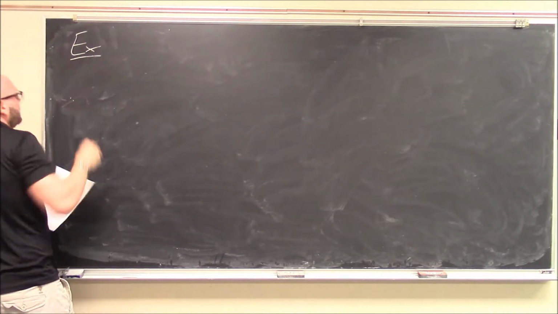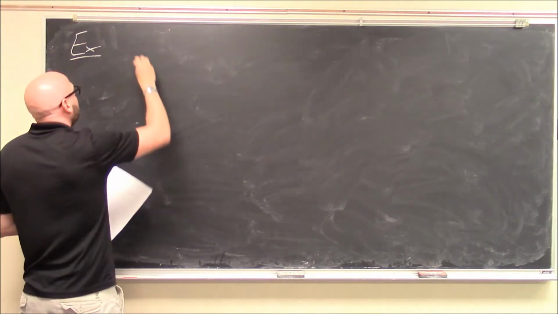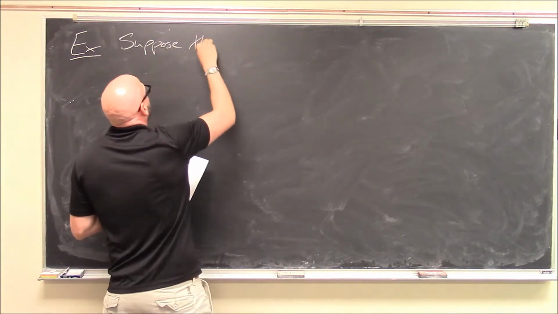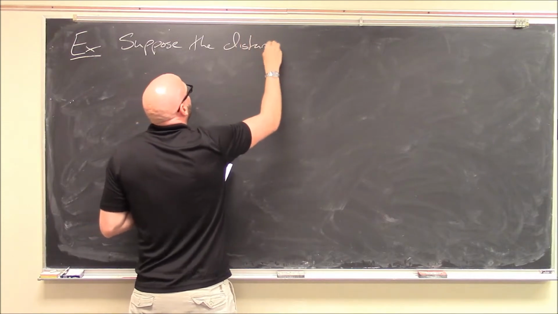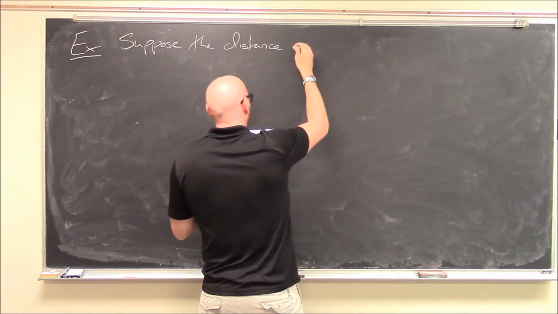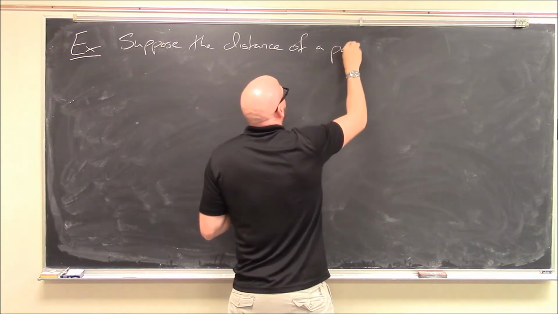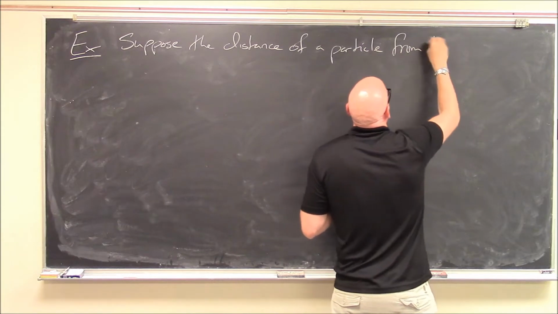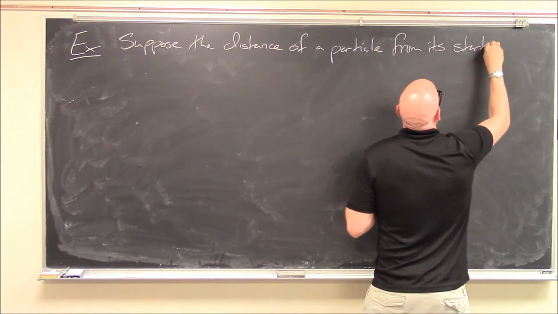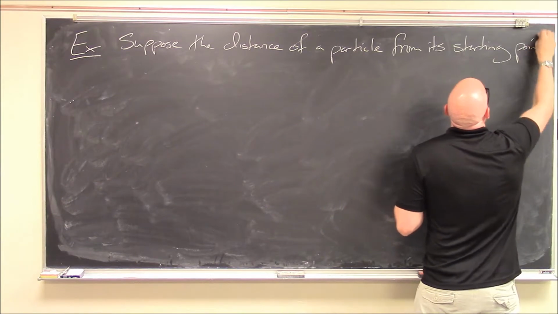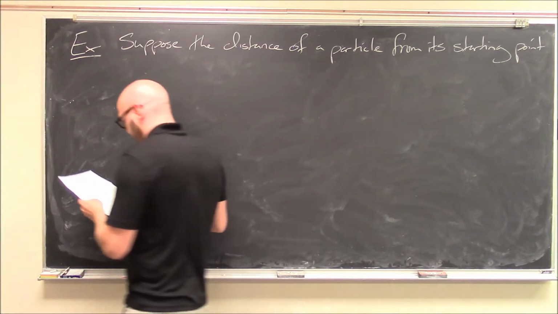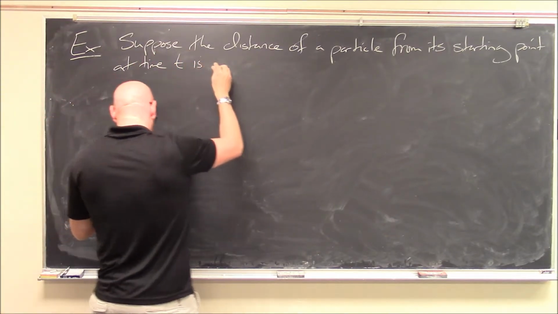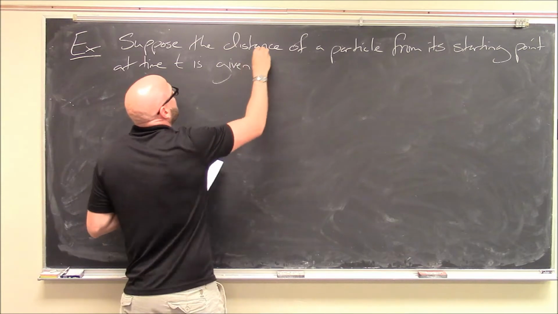Alright, so let's do an example here. Let's do a physics example. Suppose the distance of a particle from its starting point at time t is given by the following function.